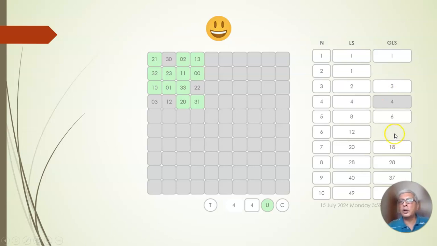So these are Latin squares, and for Greco-Latin square we don't have any critical set for order 2 and 6 because Greco-Latin squares of order 2 and order 6 do not exist. For the rest, the numbers I got are 1, 3, 4, 6, 18 for order 7, 28 for order 8, 37 for order 9, and 46 for order 10. So these are the numbers that I have got till now, but probably this could be improved.